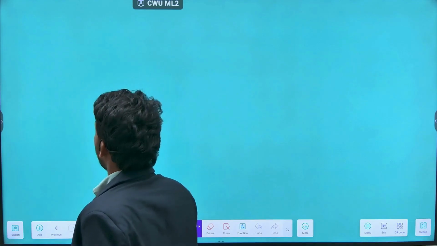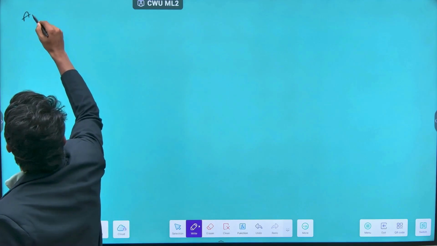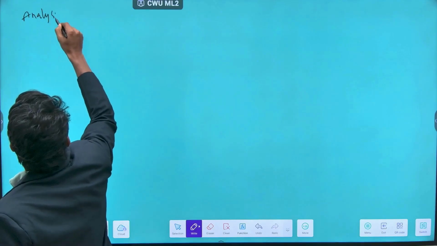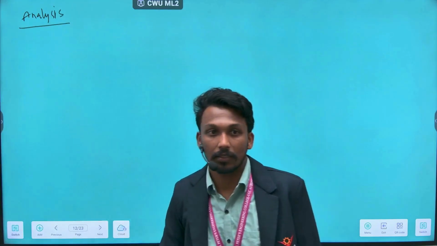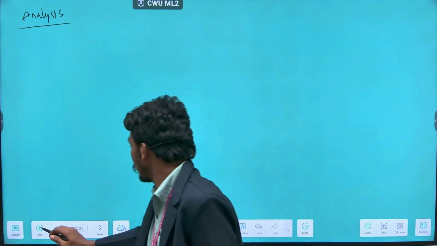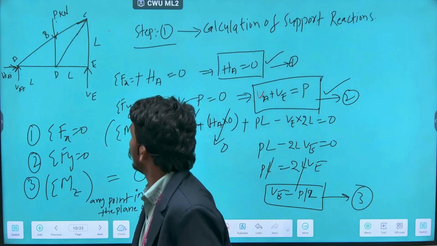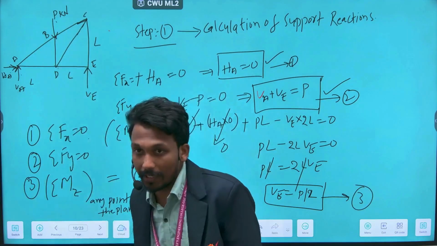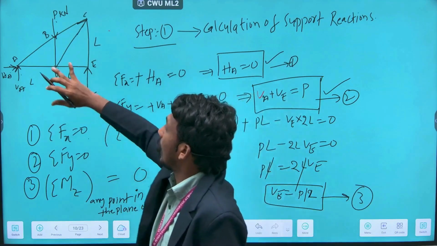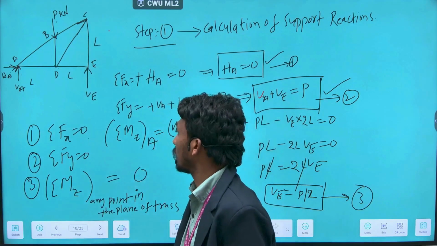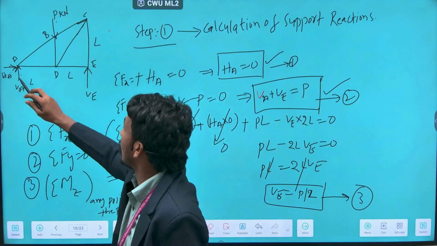So let us start the analysis now. Analysis procedure. Now what do we do? We'll start at any joint, we'll apply equilibrium equations at each joint, and keep calculating all the member forces, because now we have already calculated the support reactions.